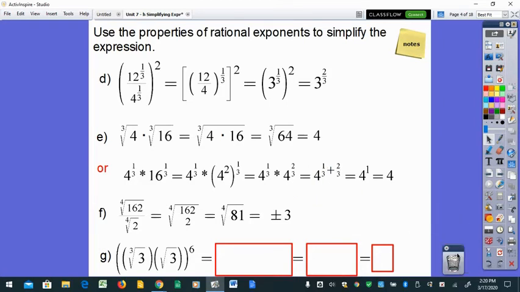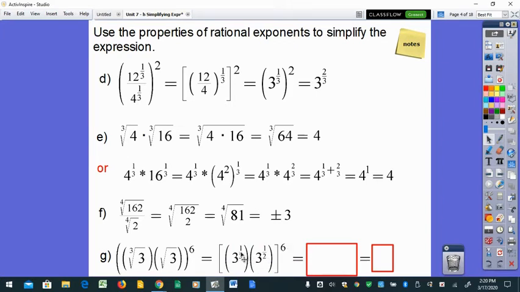Last example on this page, I'm taking a look at what I could do with this. I don't have a common root, so I can't glue these back together. So I'm thinking, what about if I change them to exponents and then use my exponent rules of raising a power to a power?